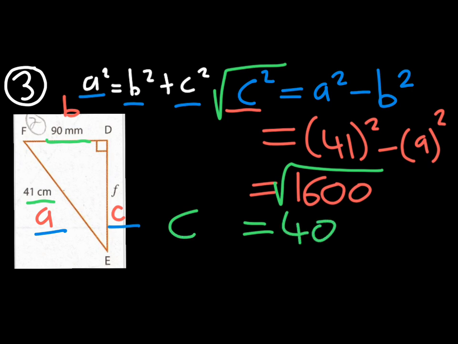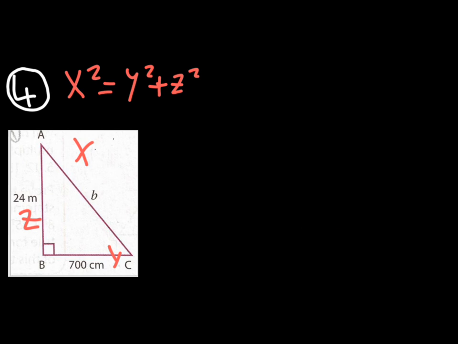And what units were we working in? We decided we were going to be using centimeters. But remember, our missing side was actually f, so we say that f equals 40 centimeters.